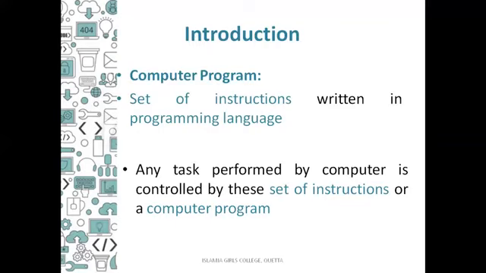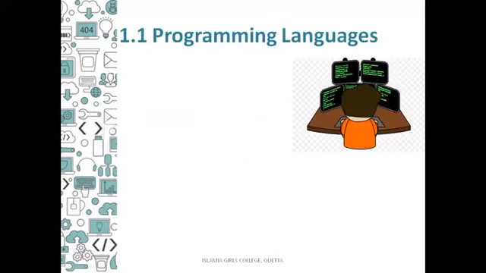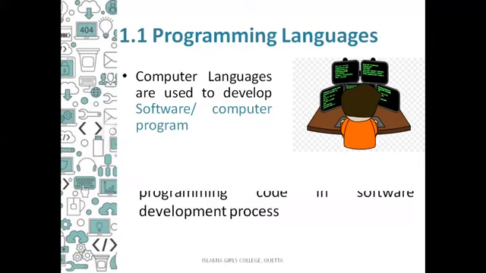Another important thing which you note here is the programming language. By this I mean that when you are giving instructions to the computer, you cannot give them in any natural language. You have to use a computer language, and these computer languages are used to develop software or computer programs.